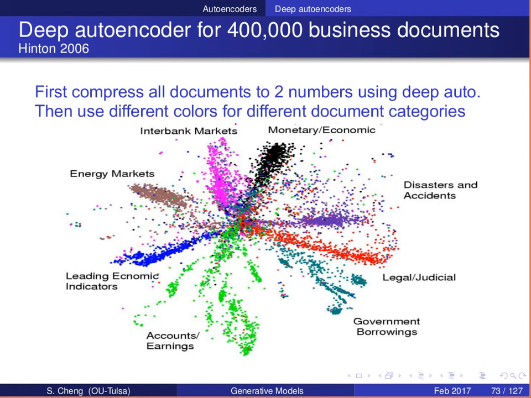They also tried different experiments. Here, they tried to cluster different documents. I think they had 400,000 business documents and were trying to categorize them. Of course you can do PCA, and you can do clustering like k-means.